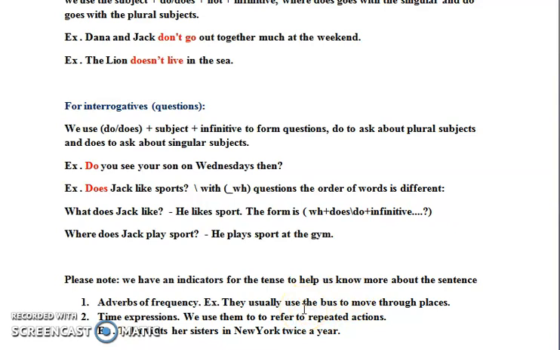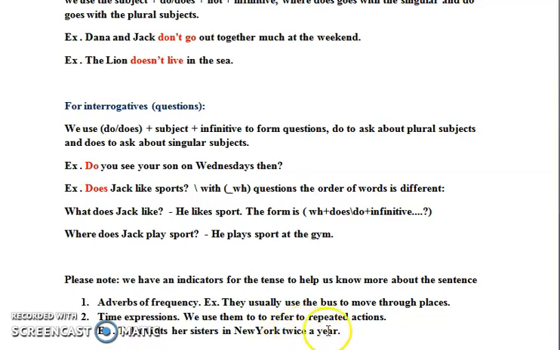So, the second case is the time expressions. Time expressions, we use them to refer to a repeated action. We are talking about a repeated action using a time expression. For example: Talia visits her sisters in New York twice a year. As you see here, twice a year. Twice is the shortcut for two times.